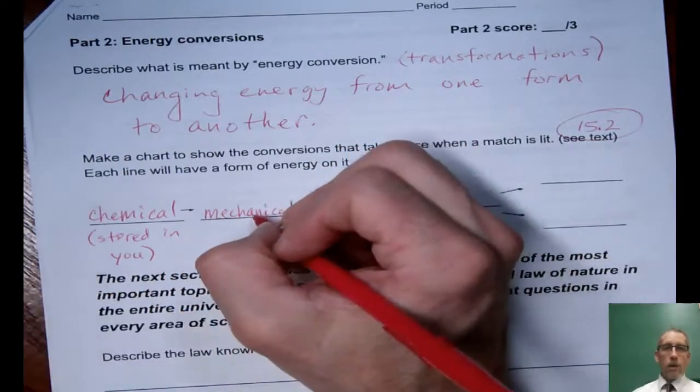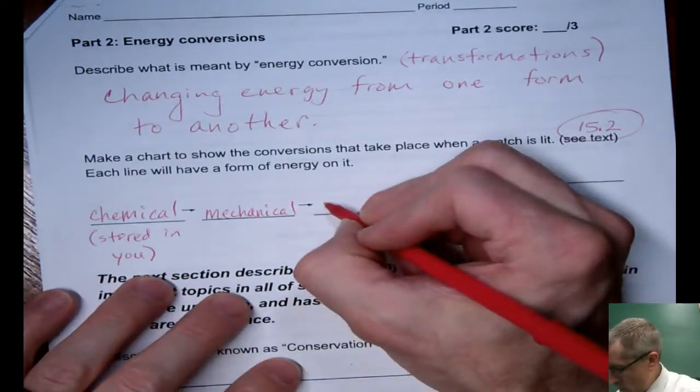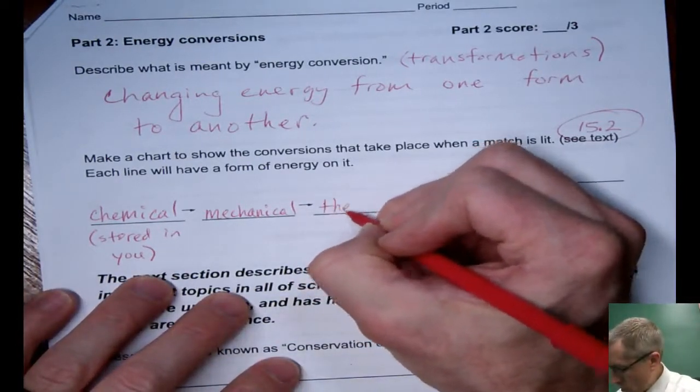Remember, that would actually be classified as kinetic energy, and kinetic energy is one of the two forms of mechanical energy. Okay, and then what happens next? Well, once you start those two surfaces moving against each other, you create a little bit of heat just from the friction. And what is our form of energy that we use to describe heat? That's called thermal energy.